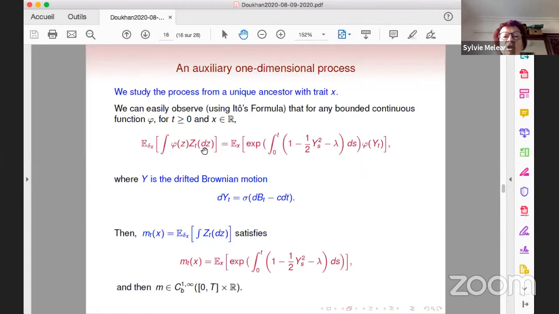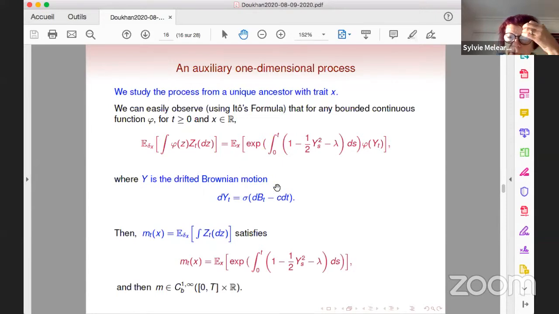And so you can describe the law of the process Z_t from this unique individual with trait x by an auxiliary one-dimensional process, very easy process here, Y_t, issued from x, okay?